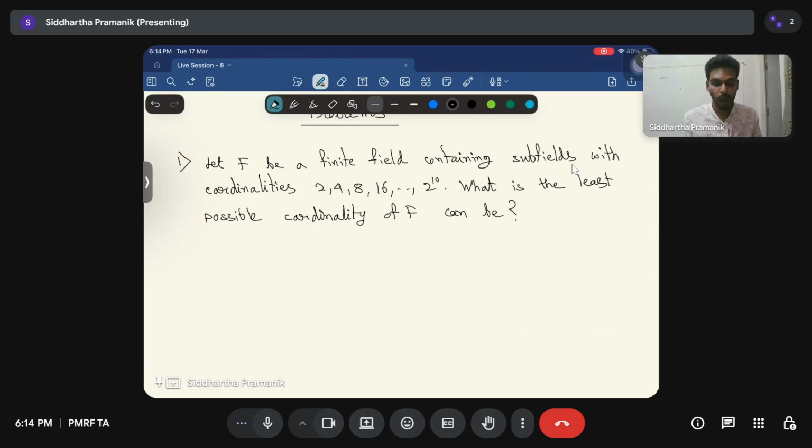And also, how many subfields does F contain in the least possible case?